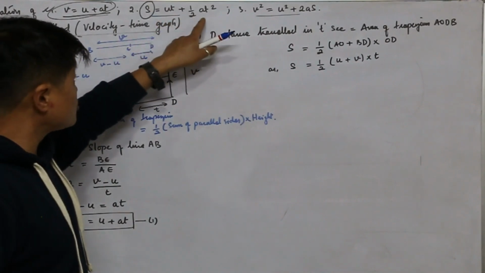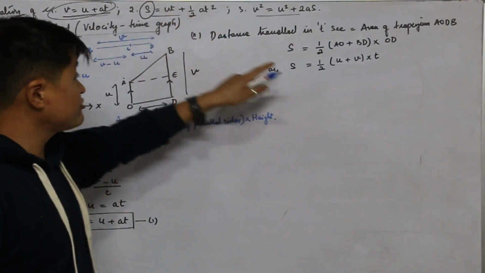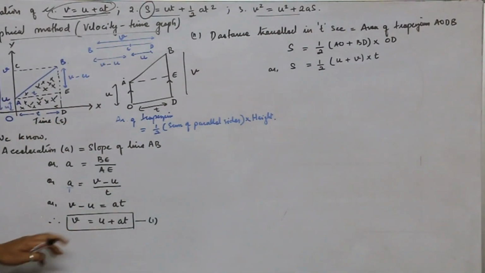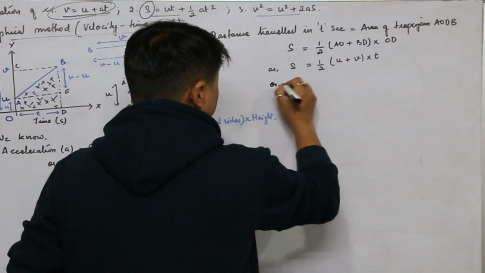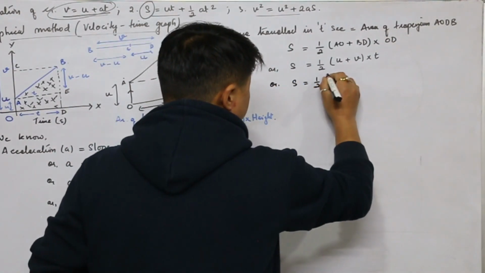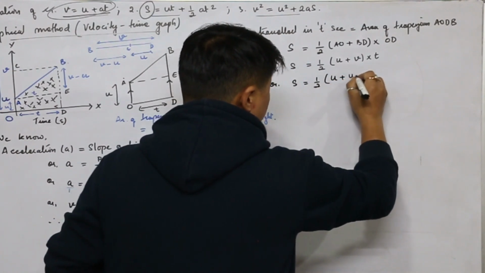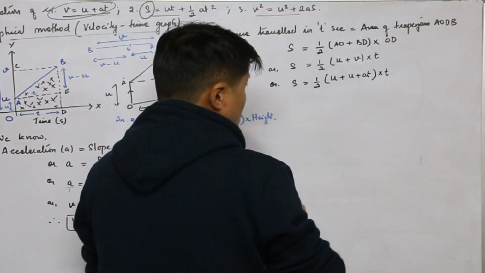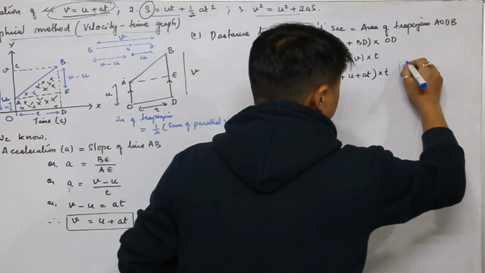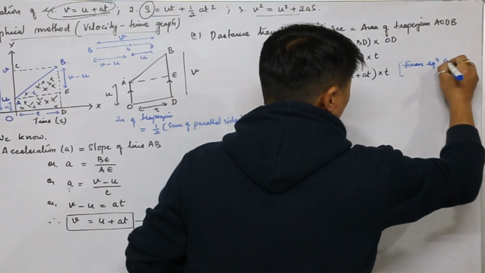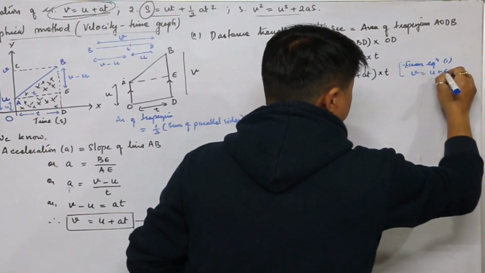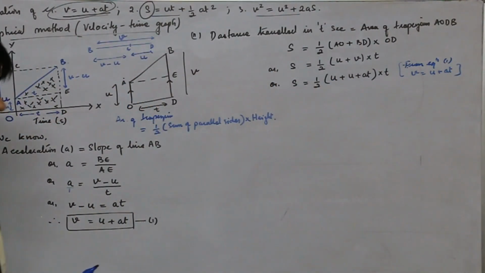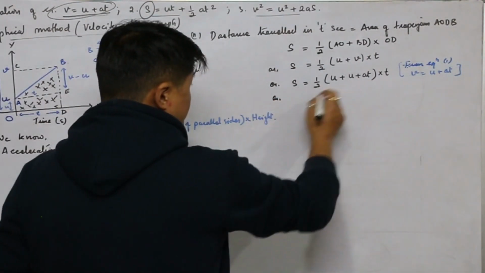If you take a close look at this equation, you notice that we don't have V. So first we replace V. The value we know is V is U plus AT. S is equal to half into (U plus U plus AT) into T. Since from equation 1, V is equal to U plus AT, do the multiplication.